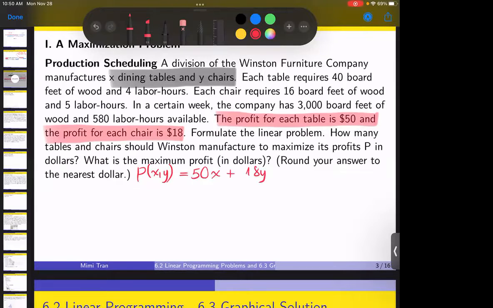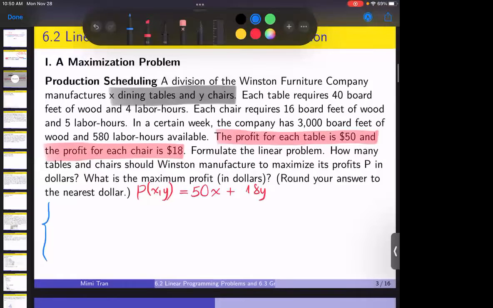All right, now the constraint is going to be an inequality. The table requires 40 board feet of wood, and the chair requires 16 board feet of wood. And how much wood does the company have in total? 3,000.